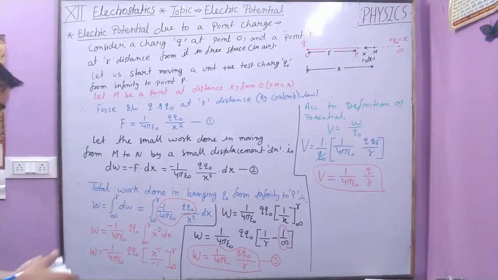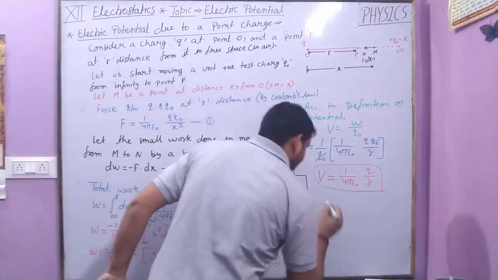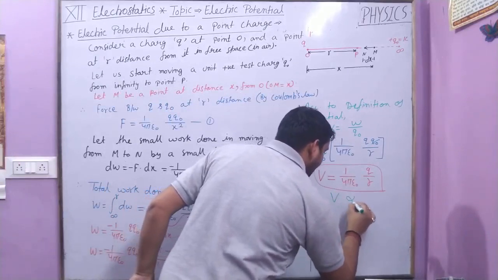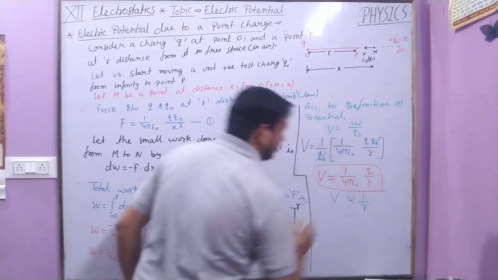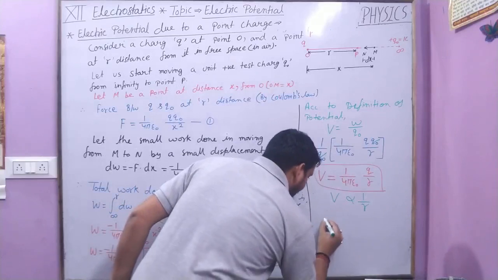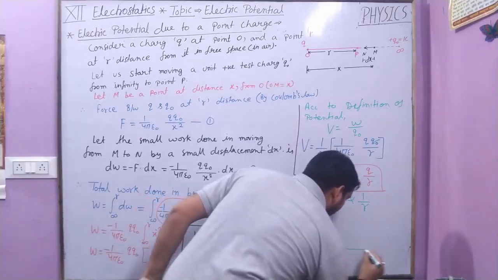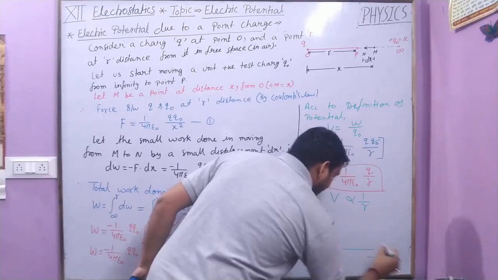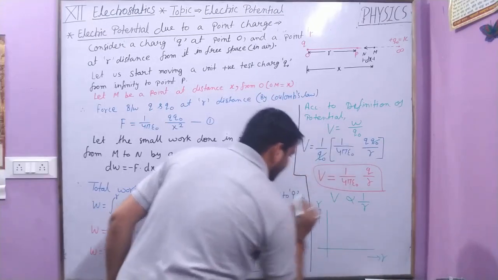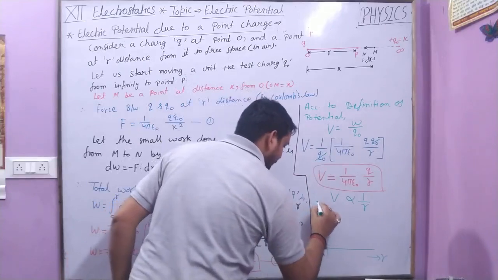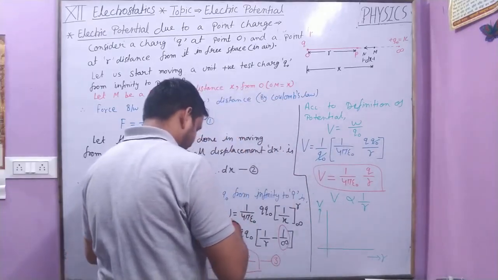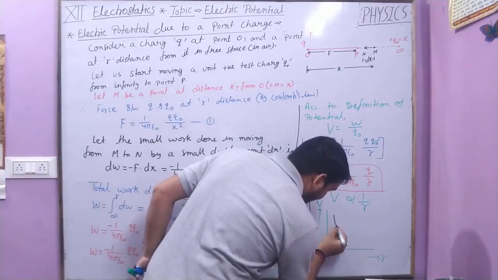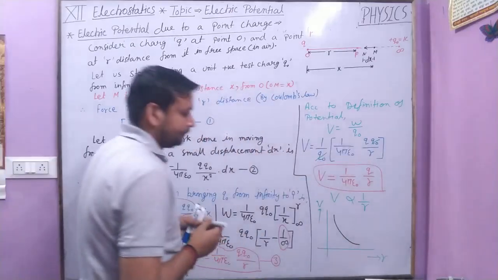Here we have the result that V is inversely proportional to R, which is represented on the distance versus potential graph like that.